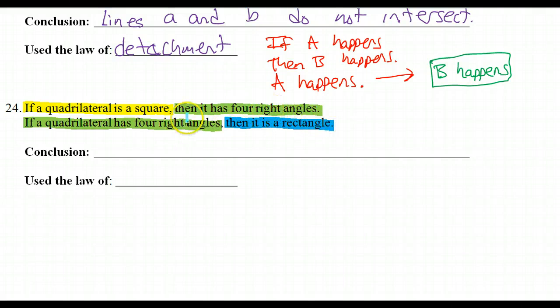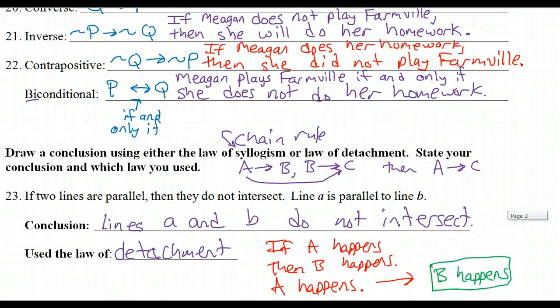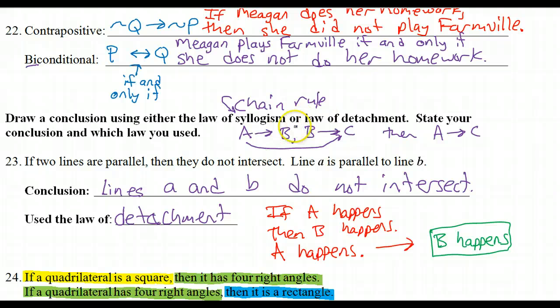Okay, so this is going to be the law of syllogism, so I can go ahead and write that down because you can hear the chain. The syllogism follows the pattern: if A leads to B and B leads to C, then A leads to C. It's like a chain.